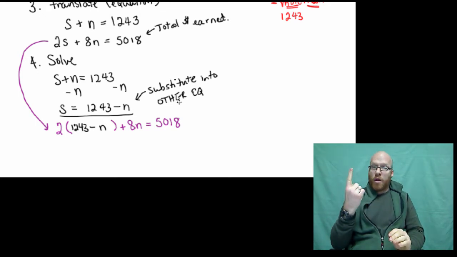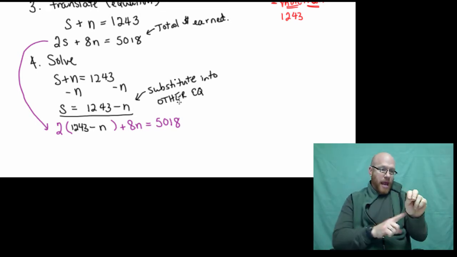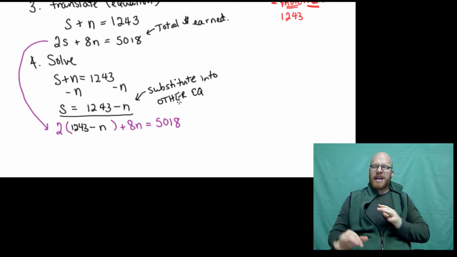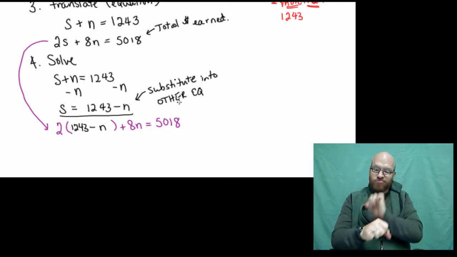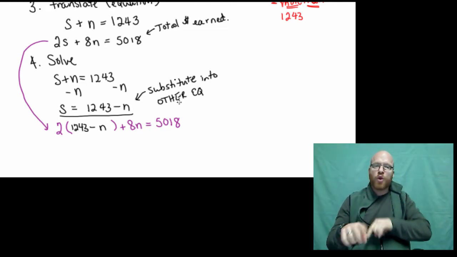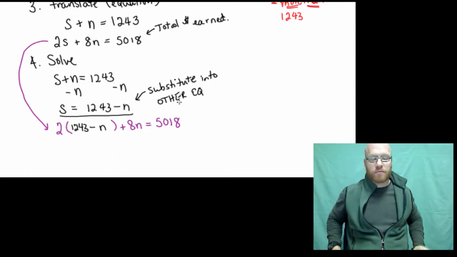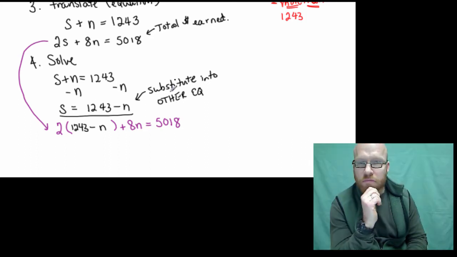So now, as you can see, after I substitute in for the s, I have one variable, n, and you see it here twice, and one equation. I can solve for n now. And I'll go through and solve for n right now.